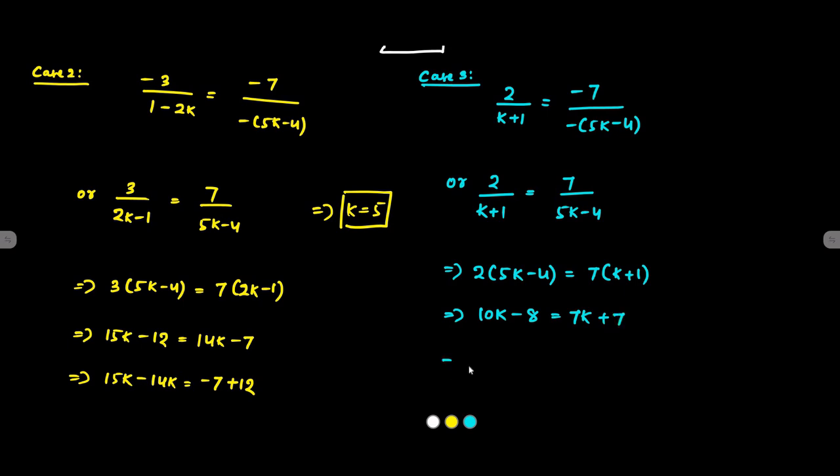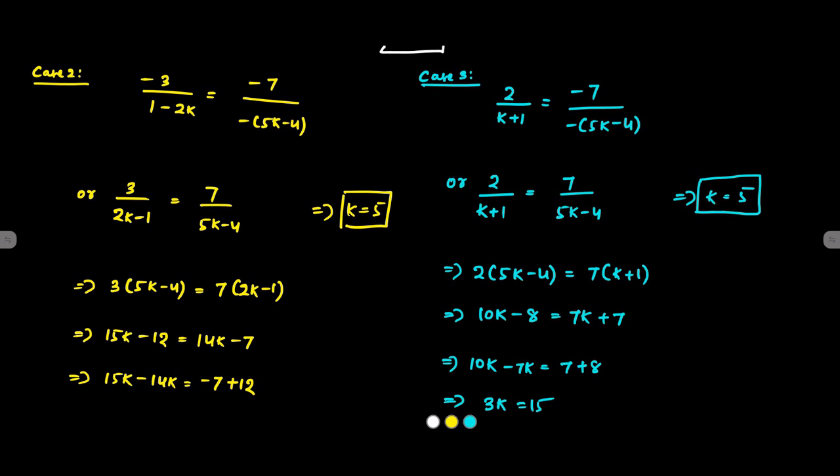That implies 10k minus 7k is equal to 7 plus 8. That implies 3k is equal to 15. That implies k is equal to 15 by 3, which is equal to 5. So this way also we have k is equal to 5.